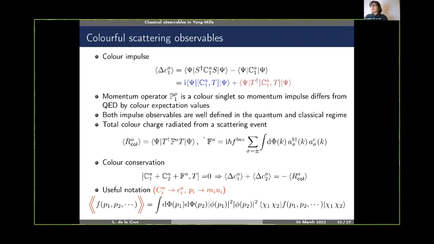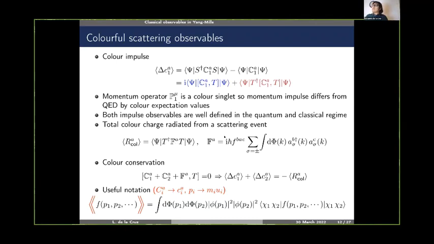Another observable is now this color charge radiating from the scattering event. Notice that this one, because there is no radiation in the initial state, is going to be a quantity that depends only on the square of the amplitude.